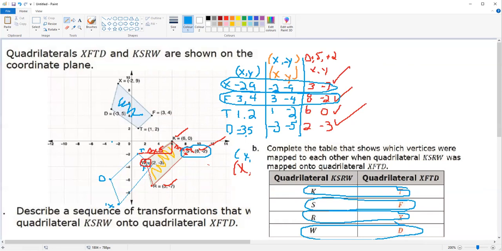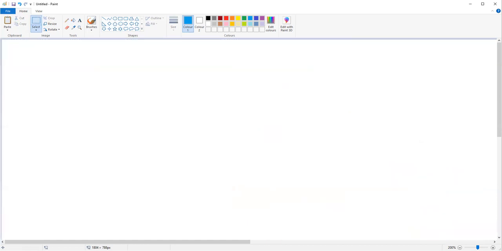Okay, so here's one more example. We have these two coordinates.